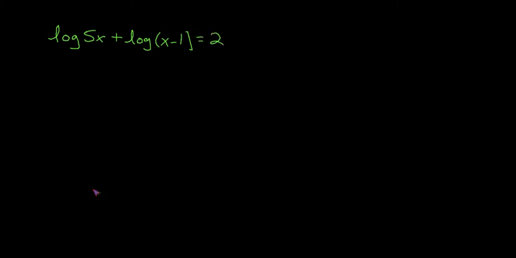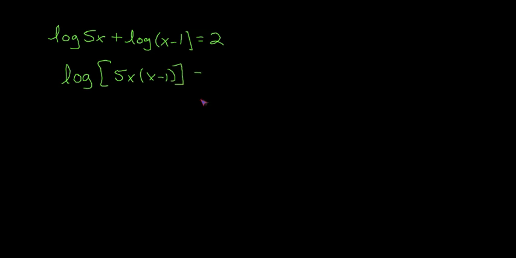Now we're using common logarithms this time, so base 10 is back, and on this one I want to combine this to get a single logarithm, so we're going to go with addition being the same as multiplication when we do the product rule. So we're going to turn this into a single logarithm of 5x times x minus 1.